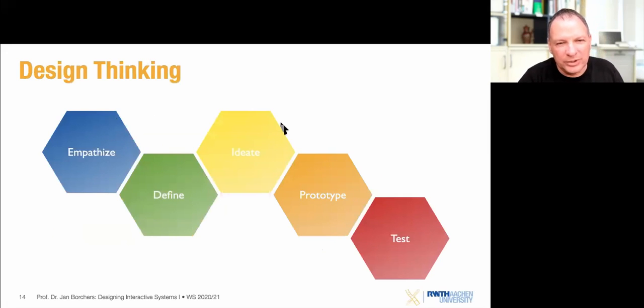But what we are actually doing in this DIS1 class, in this second phase or third phase now that we're in with this project, is very much like what typical design thinking activities require. So kind of without knowing it or without calling it that, I've been teaching design thinking since, I don't know, 1998 or so, because it actually covers these following processes. First of all, you empathize, and empathizing means understanding who your user actually is and what matters to them.